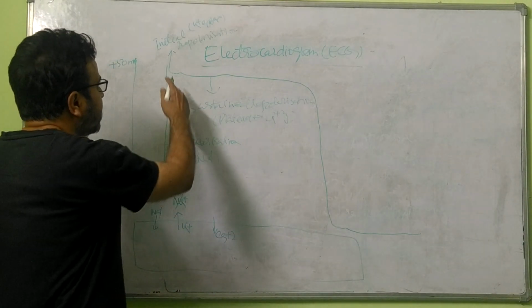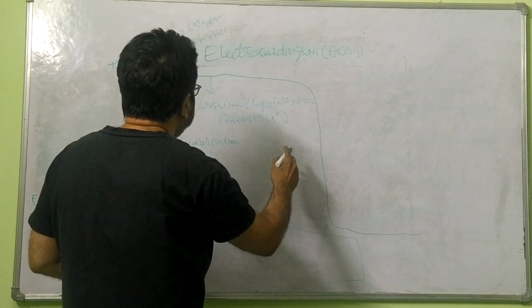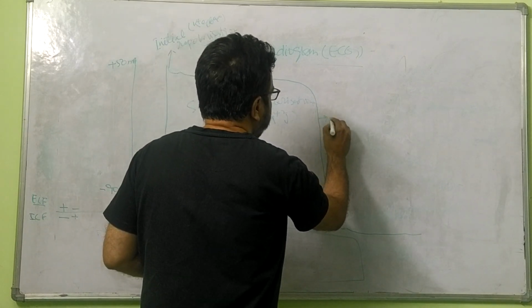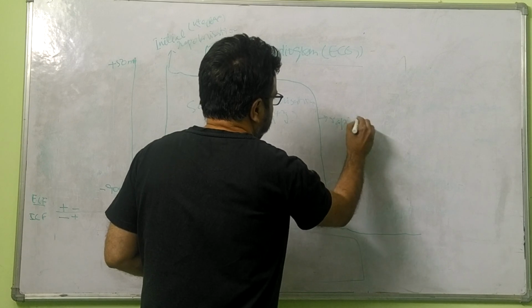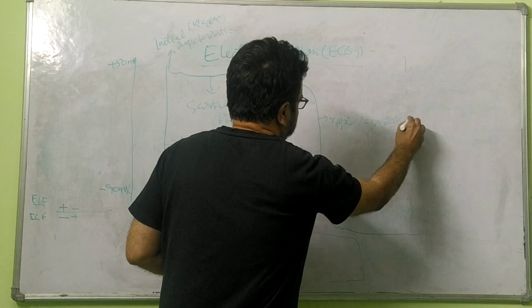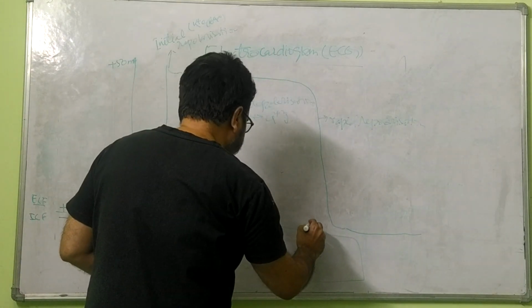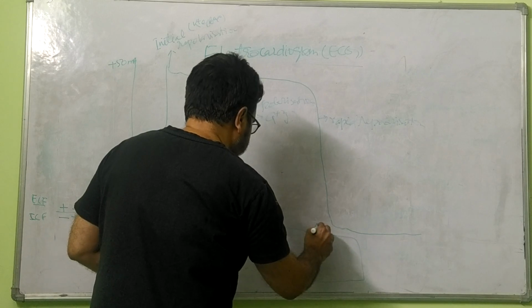Then we can see that this repolarization further becomes rapid, and this rapid repolarization is due to what? Is due to again potassium exit.